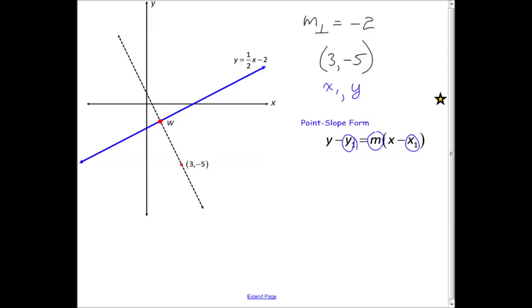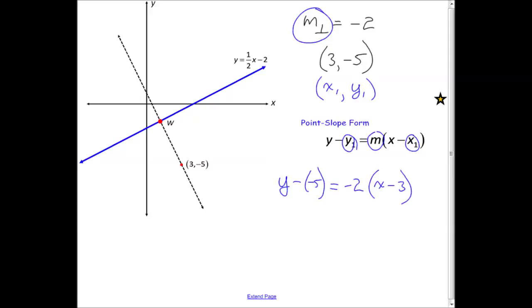So if we substitute, we would get y minus y1, which is -5. Be careful of your signs. Our slope, which is -2. And then x minus x1, which in this case is 3.